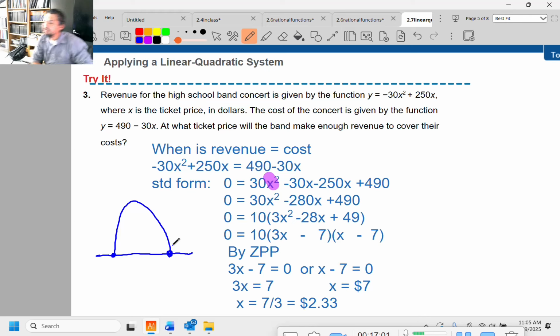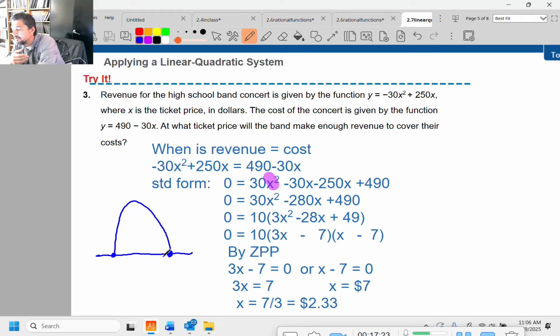All right? So what you really want is you want your price to be somewhere between these two things, because you want to maximize revenue. These people are only concerned with covering costs. But what happens in reality is at $2.33, you get a lot of people to come watch your show, but you haven't brought in that much money.